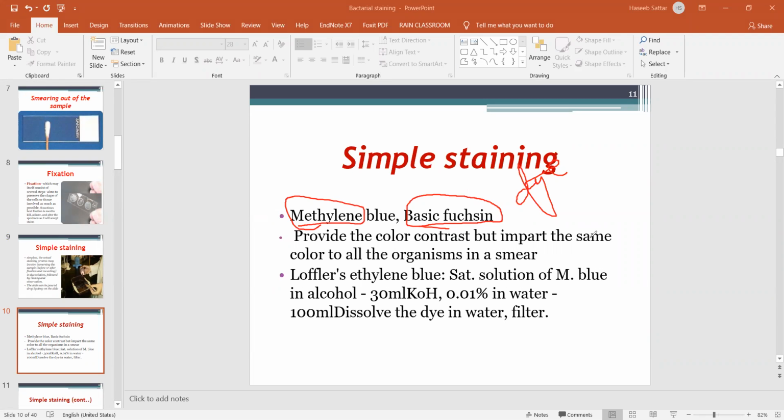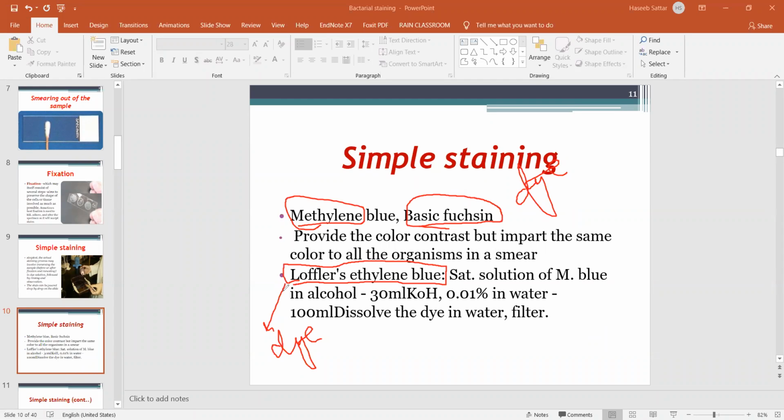They are used just to provide color contrast, especially for all types of organisms. Then we also have Loeffler's methylene blue solution. It is also a stain, a coloring agent, a dye. But this Loeffler's methylene blue solution we only use for certain bacteria like Mycobacterium tuberculosis.